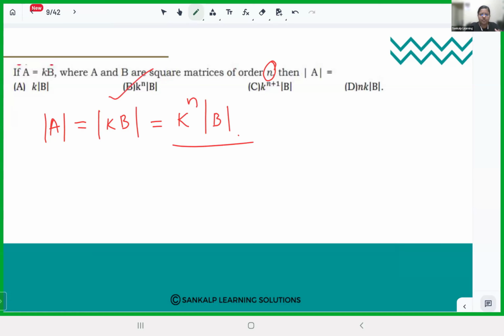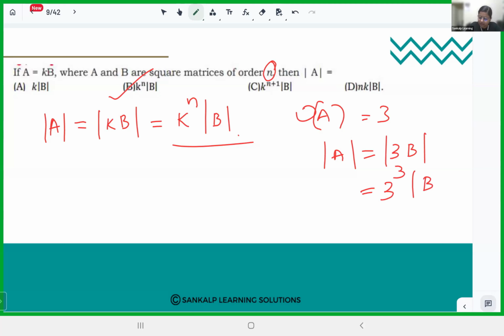Which means, for example, if you are given a matrix A of order 3, what will be the value of the determinant A? The order of A is equal to 3, so determinant of A is determinant of 3 into B. You can take this 3 outside and raise it to the power 3, times determinant of B.